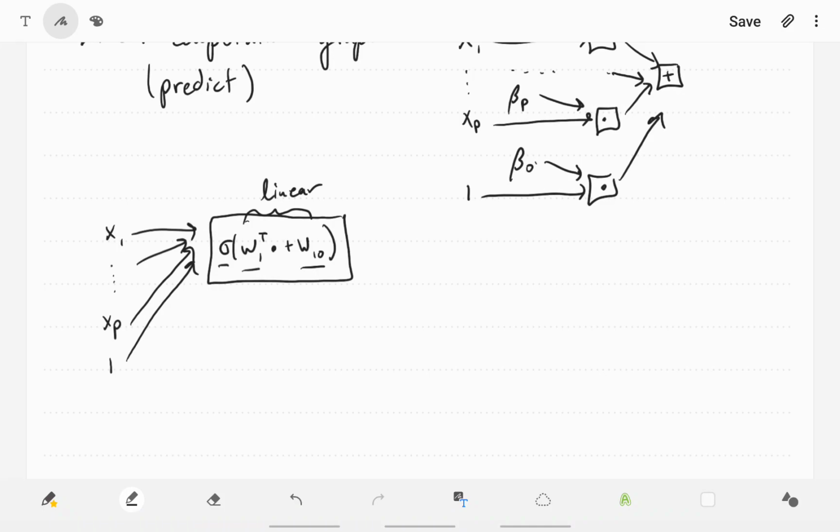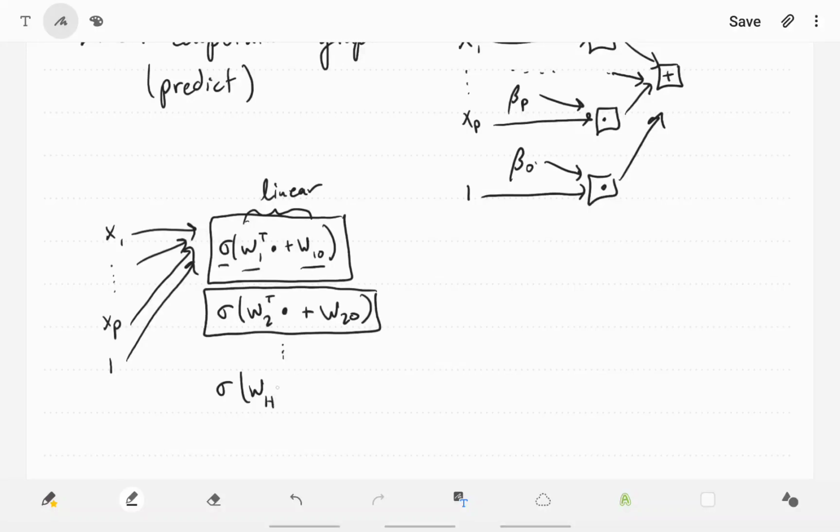Now we can do this multiple times. We can create other functions here by doing W2 transpose, some other weight, times your input plus W2 naught. We can call this another operation, and so on until we're happy with the number that we've done.